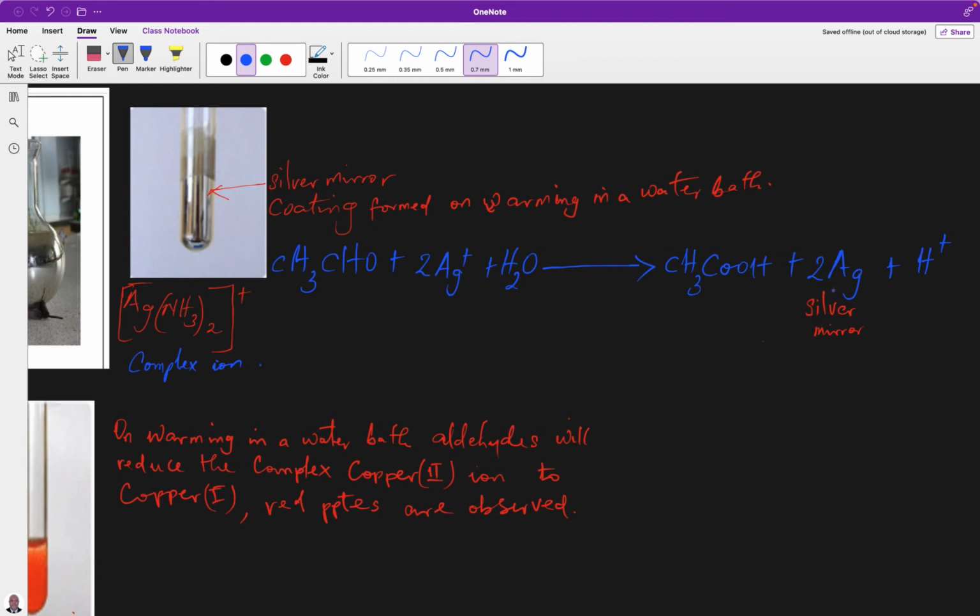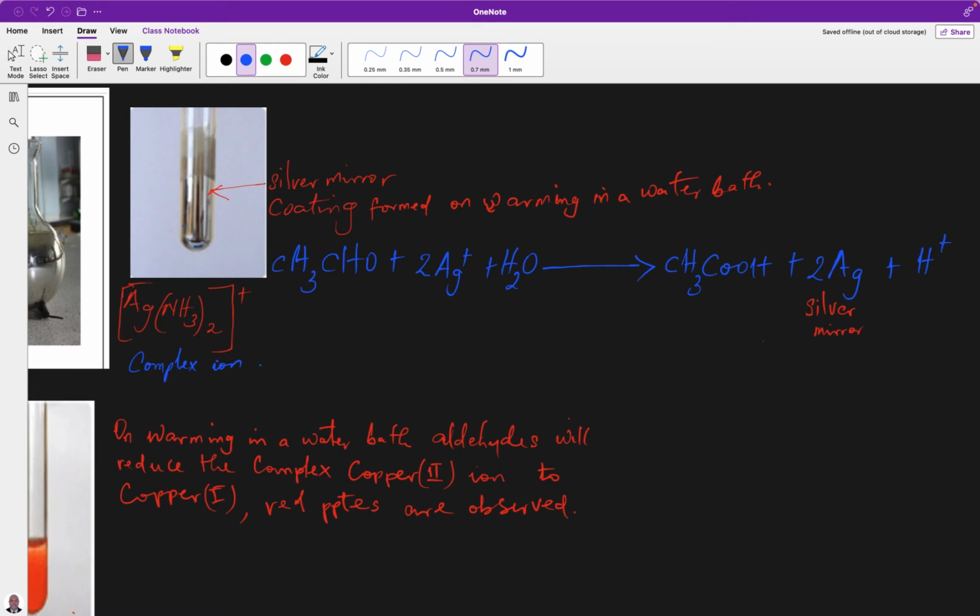The silver metal will appear as a gray-black precipitate, or it is going to form a coating inside the test tube. We call it the silver mirror coating. It is formed inside the test tube on warming in a water bath.